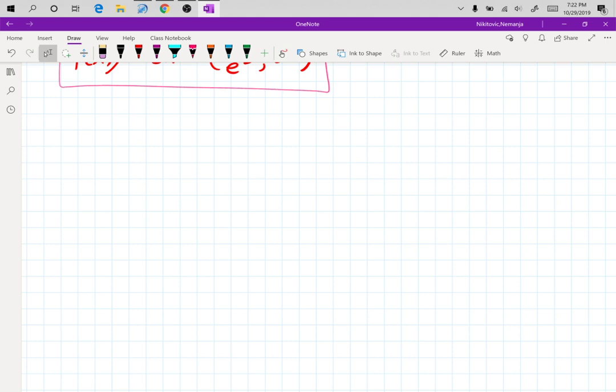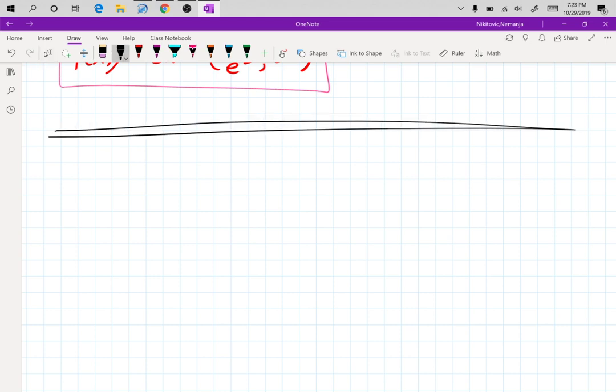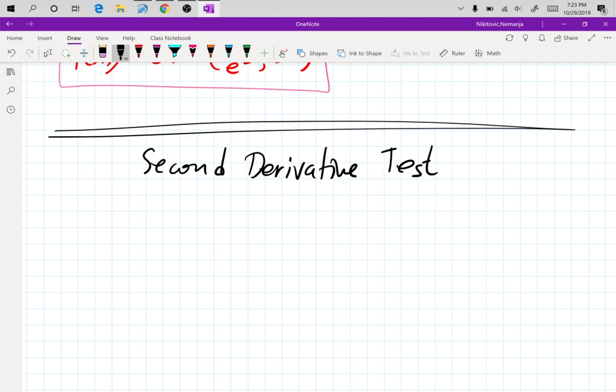What it gives us are intervals of concave up and concave down. Now, why would you care? Well, let's discover. So, second derivative test, SDT.